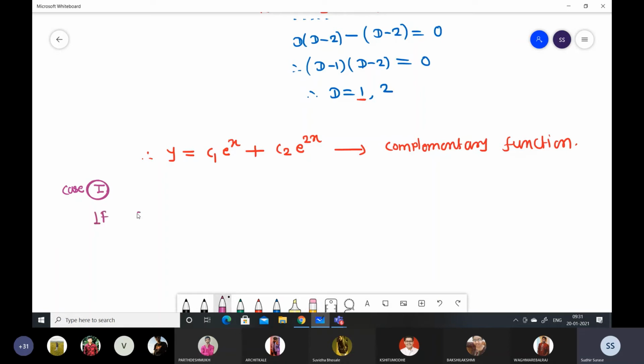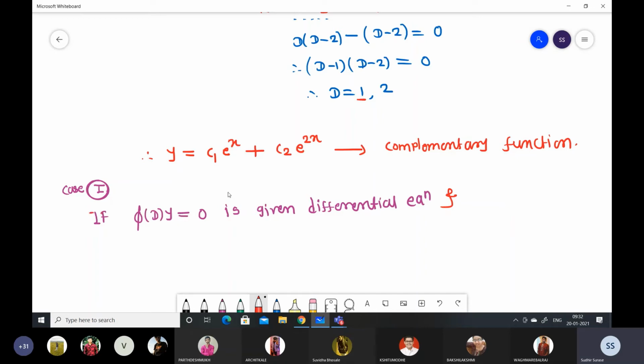If phi of D times y is equal to 0 is the given differential equation, then what is the algorithm? By default, you have to assume this is an nth order differential equation.